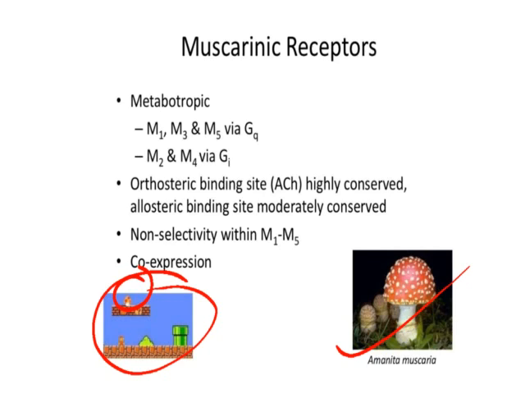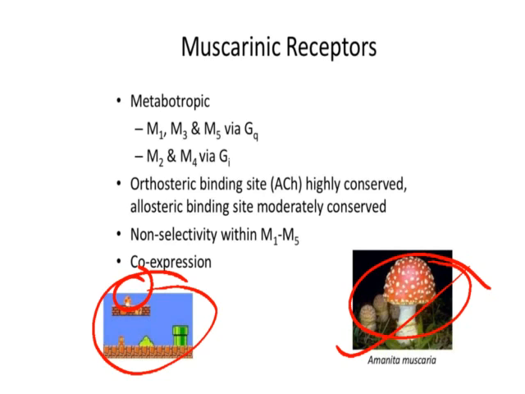So that structure is nothing but the Amanita muscaria. It looks similar to the plant from which we can derive muscarine, and the name of that plant is Amanita muscaria.